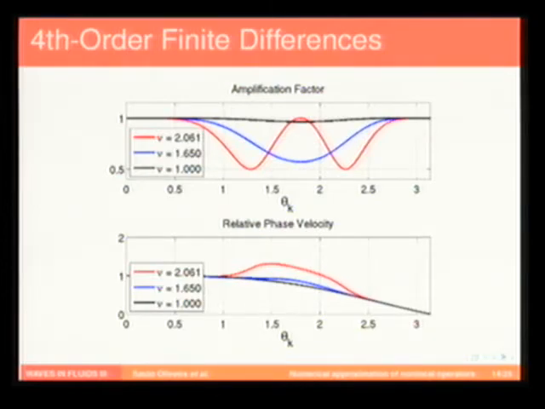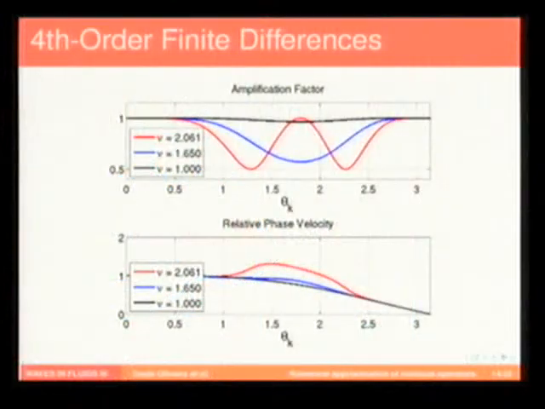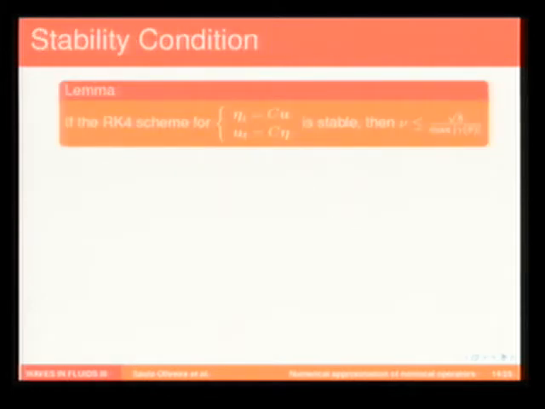Ideally for simulations, we want to use the time step as large as possible. So we want to reach the limit, this limit. And the question is how to find this limit, how to find this threshold, not by MATLAB, but analytically. So we found out that it is possible to find precisely an expression for this optimal Courant number.